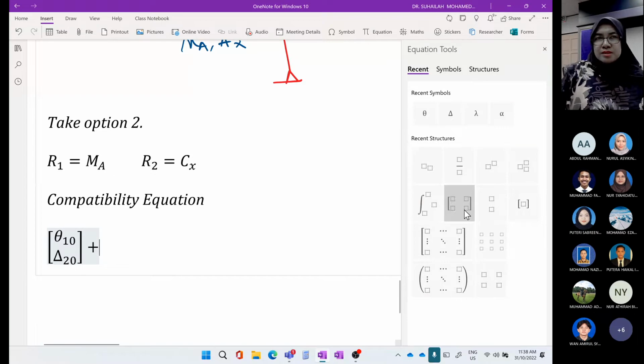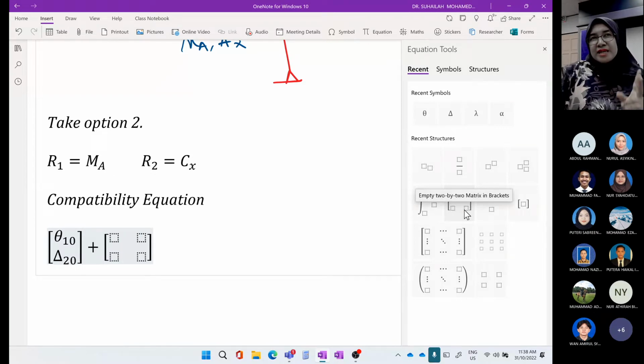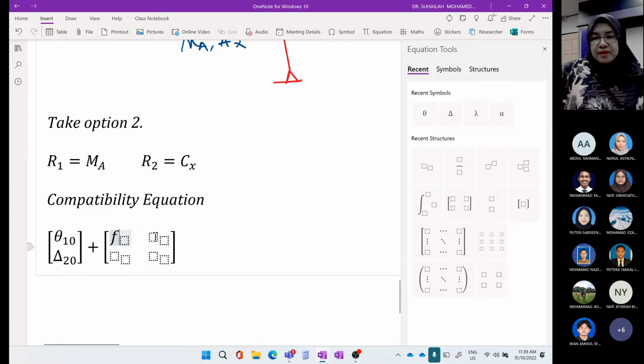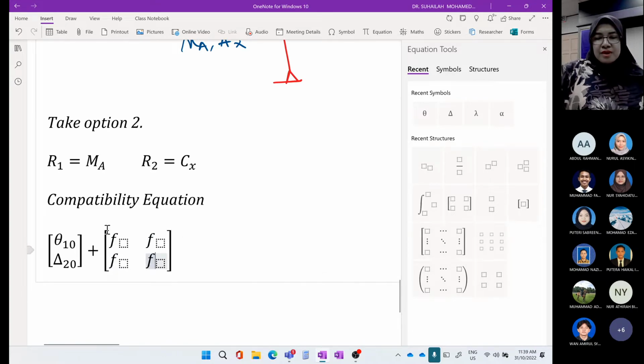And we have to plus with 2x2 flexibility matrix. So all is F. Okay. All are F. So we just follow the matrix characteristic for 2x2. Position dia 1, 1, 1, 2, 2, 1, 2, 2.